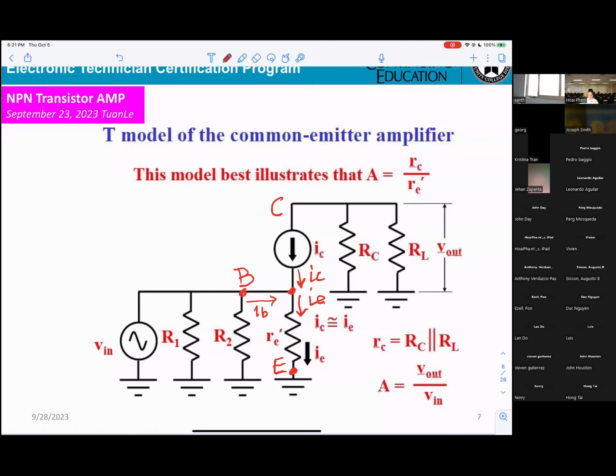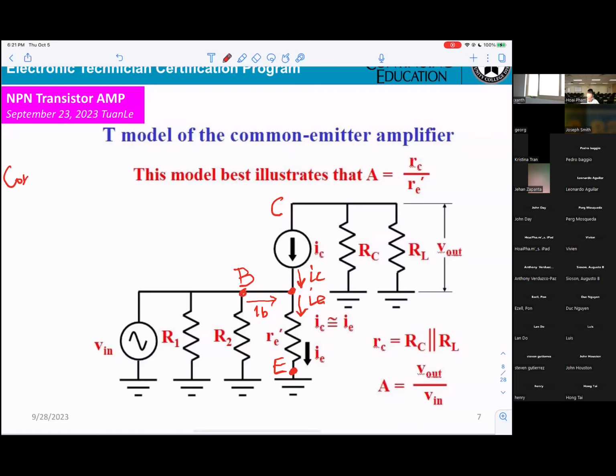That will be r'e. And the formula to calculate the resistance equals 25 millivolts divided by IE. Okay? And you don't see any DC power. No DC in here. Okay.